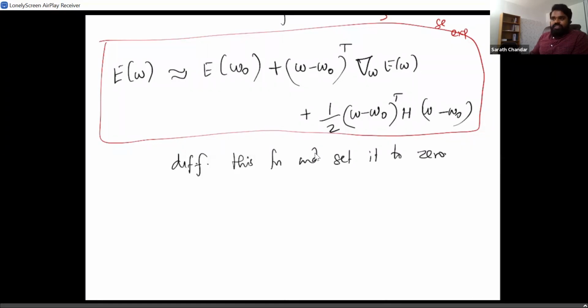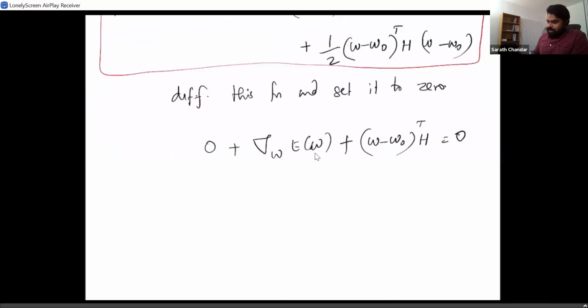So you differentiate the first term, it becomes 0, because it's a scalar. Plus you differentiate the second term, W times gradient, so it's just the gradient. Plus you differentiate the third term, which is W squared, so 2 times W, the 2 cancels, and it's just W minus W0 multiplied by the Hessian. So W minus W0 transpose Hessian is equal to 0, which means W minus W0 transpose Hessian is equal to minus gradient.